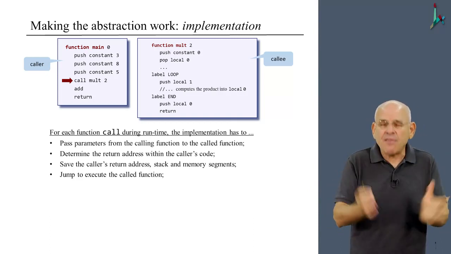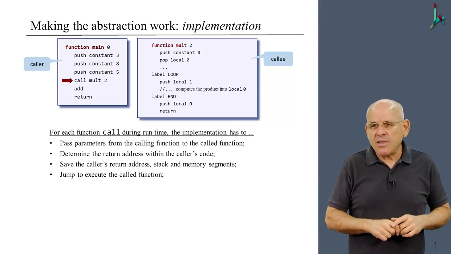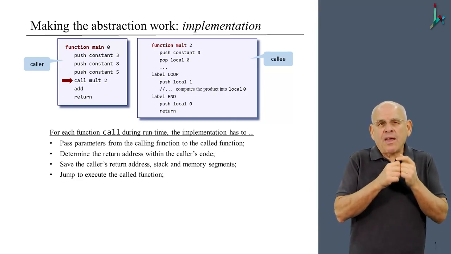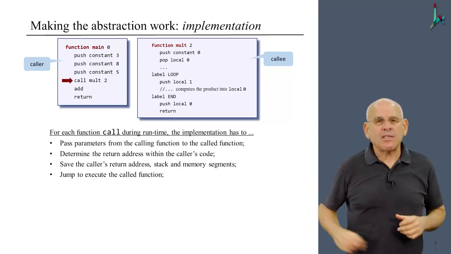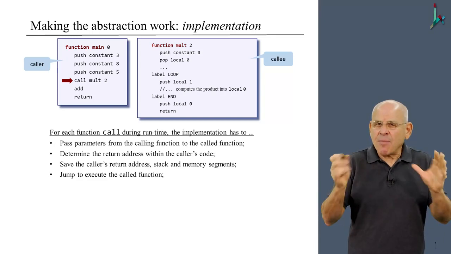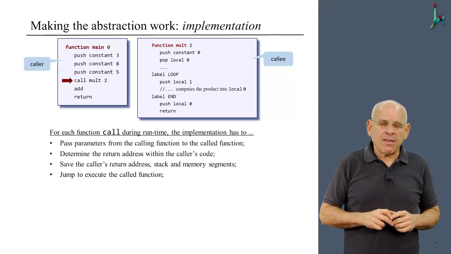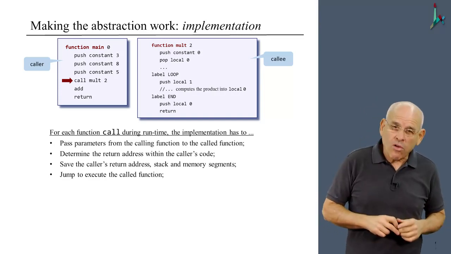So we have to save the state of the caller, which includes the return address, and only then can we allow ourselves to jump to execute the called function. So all this has to happen in order to implement and service a call command.